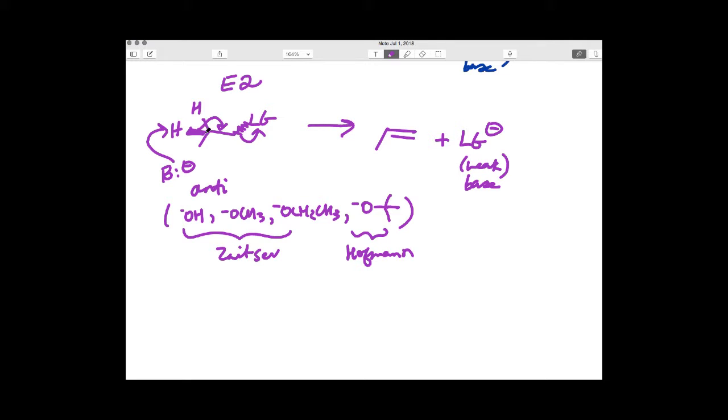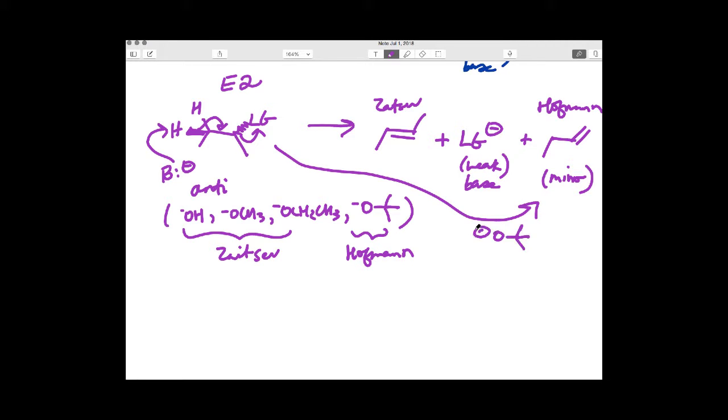Now here we don't have a choice, but if you had a molecule where we had maybe an extra methyl group here, this would be the Zaitsev, and then you'd have the Hofmann product be the minor product, which would be this one. Now if you want to reverse that and make this the major product instead of minor, then you should use tert-butoxide. And here you would use maybe just hydroxide.